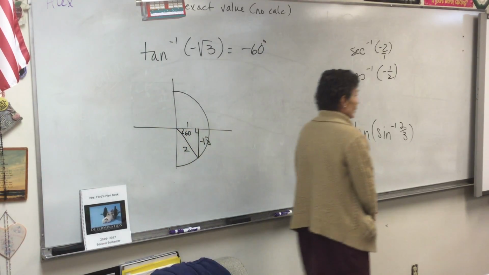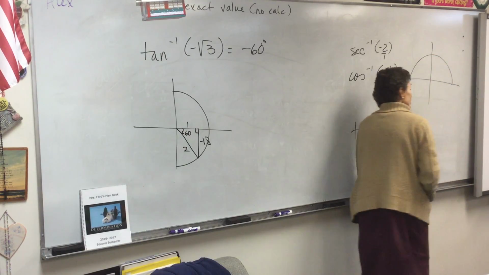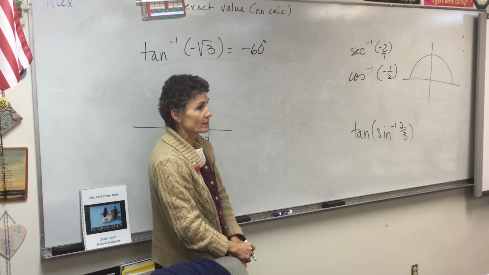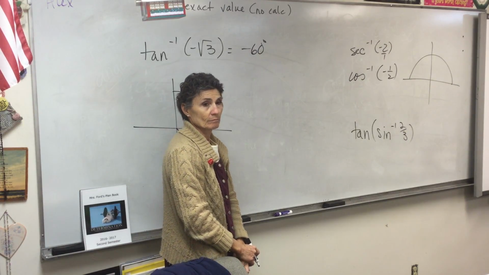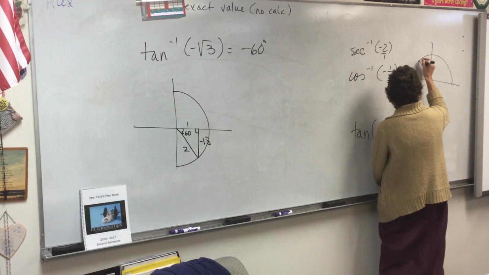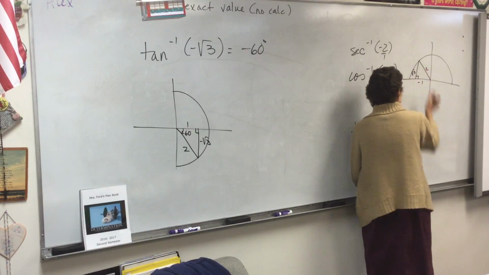All right, now cosine. Cosine's top half. So I'm going to draw a triangle either in quadrant 1 or in quadrant 2. How do you know 2? It's negative. If it's negative, you're not drawing it in 1, that's for sure. So the cosine is -1/2, which means this is √3.